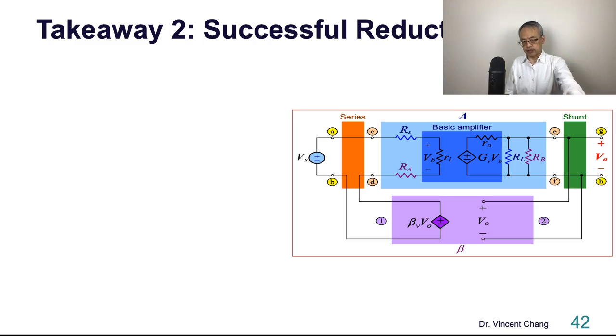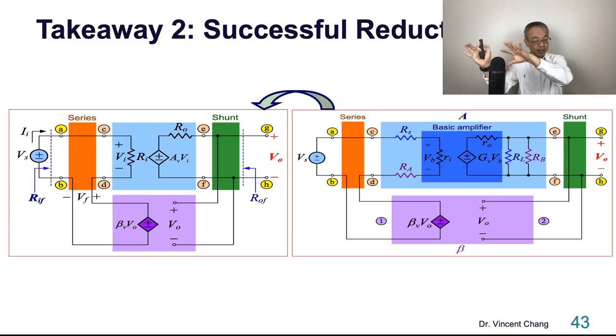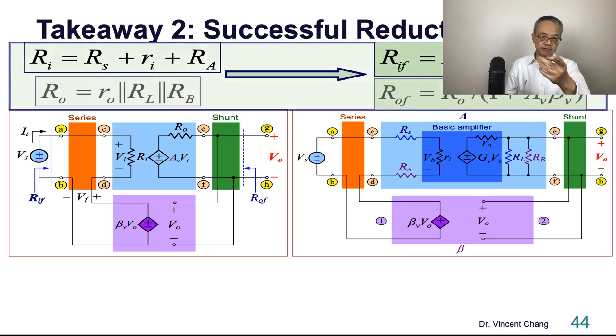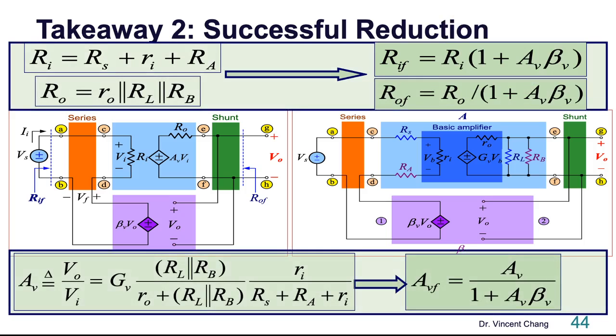Takeaway number 2, because if we treat the blue one as a black box, then it becomes the ideal. So our job here is to find out the relationship between the left-hand side, the simple network, and the right-hand side. We have done this. Here's the result, the final outcome.